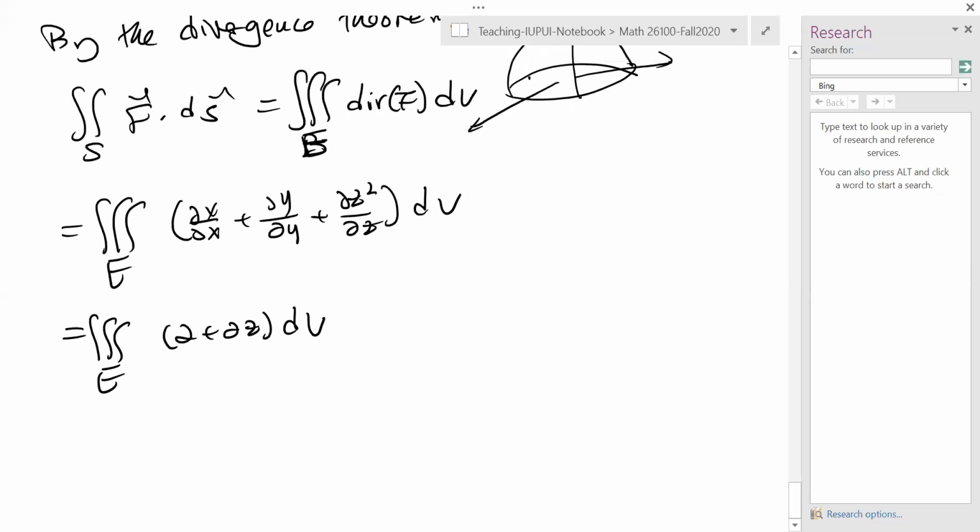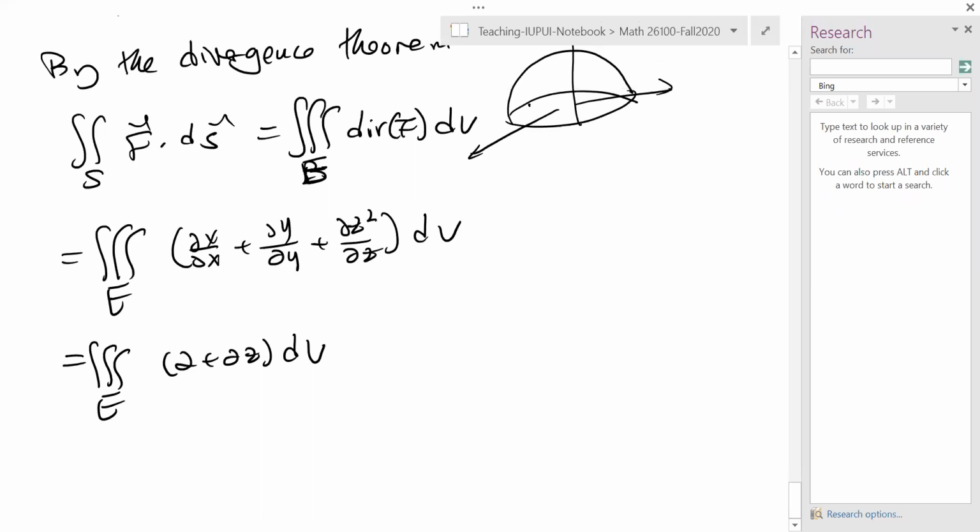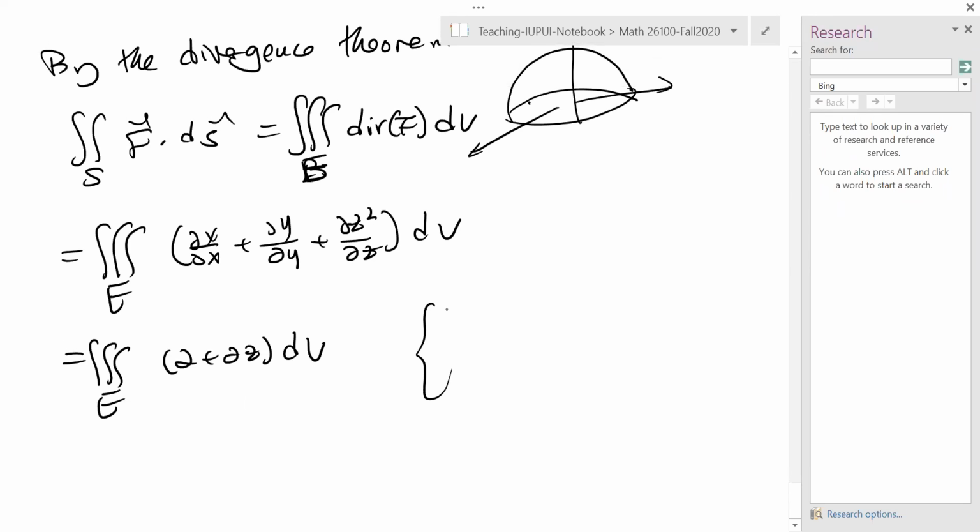The next step is, because this is an upper hemisphere, right? So you should use spherical coordinates. x equals rho sine phi cosine theta, y equals rho sine phi sine theta, z equals rho cosine phi.